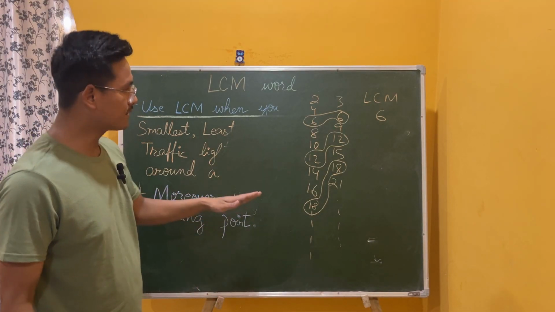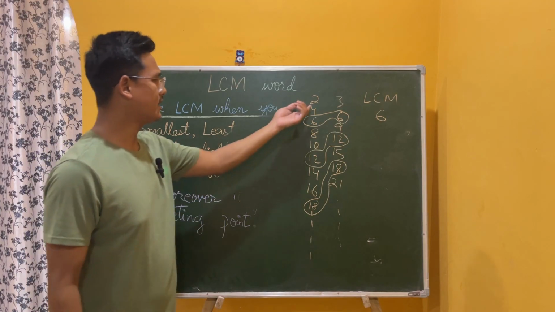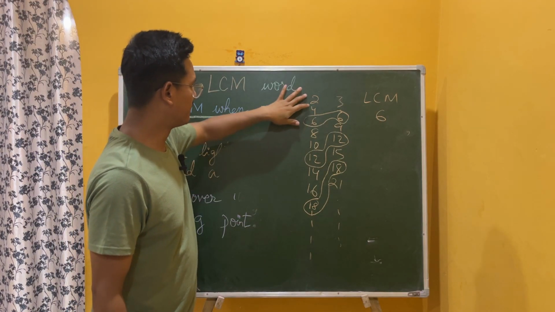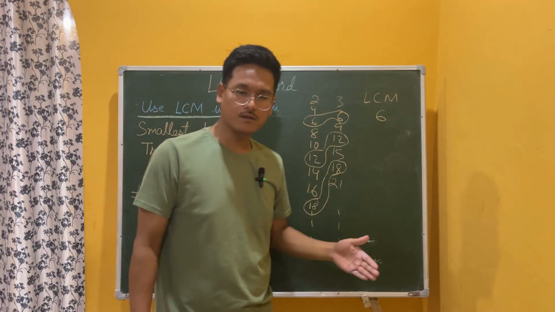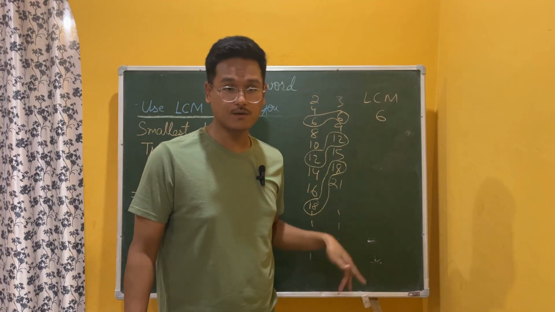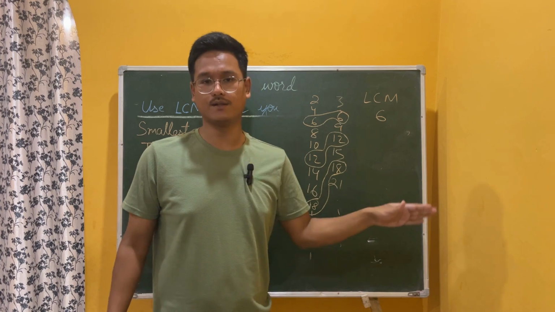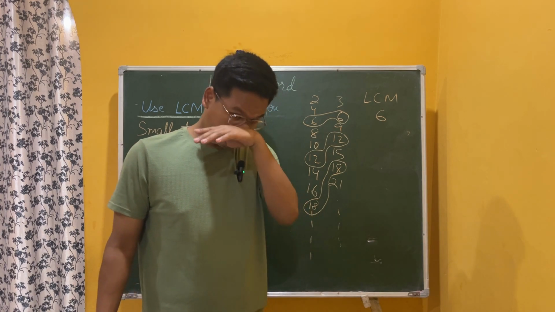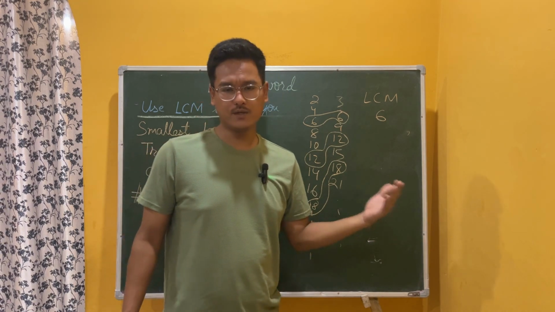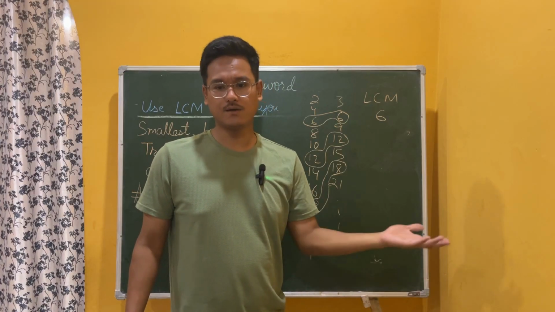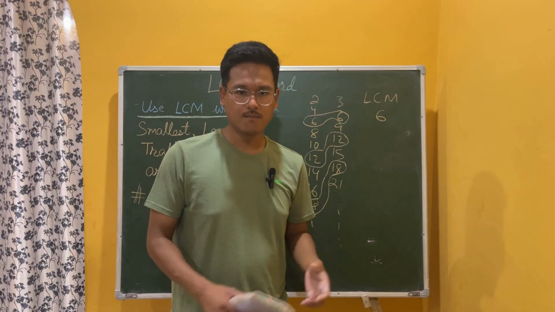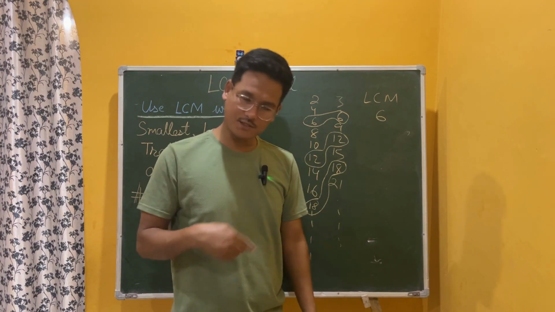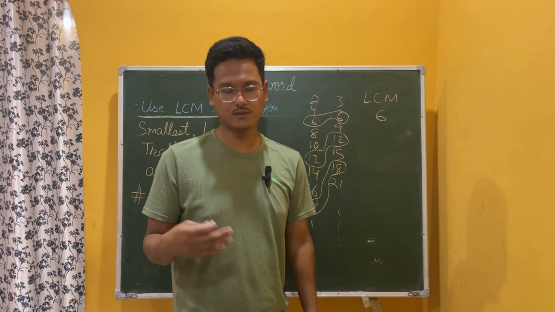Moreover, it's the first meeting point. Let's say one person moves slowly, another moves quickly in a circular track, and they leave together. The one who is quick will obviously bypass the slower fellow, but after some time he or she will meet the one who is moving slowly.